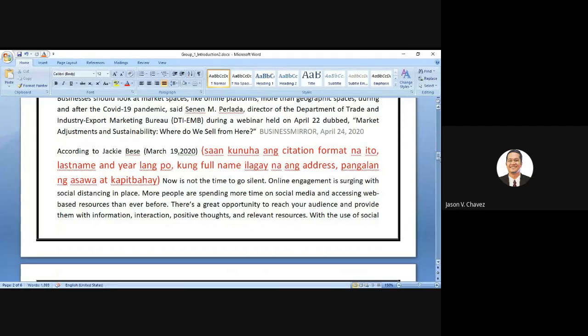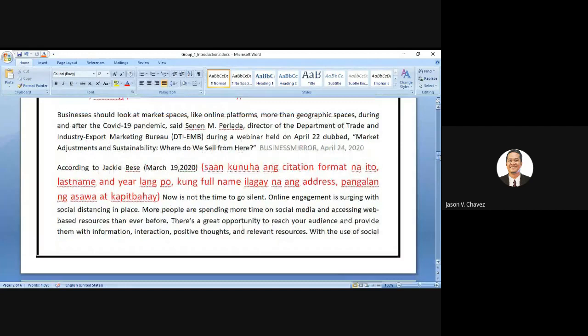Okay. So some of the lines are very plagiarized, because I know these are not yours. Like for example, "now is the time to be silent. Online engagement is surging. Social distancing places." I don't think these are your expressions. For example, this one, during these, I feel it's from the news, no? Business Mirror, I read Business Mirror.